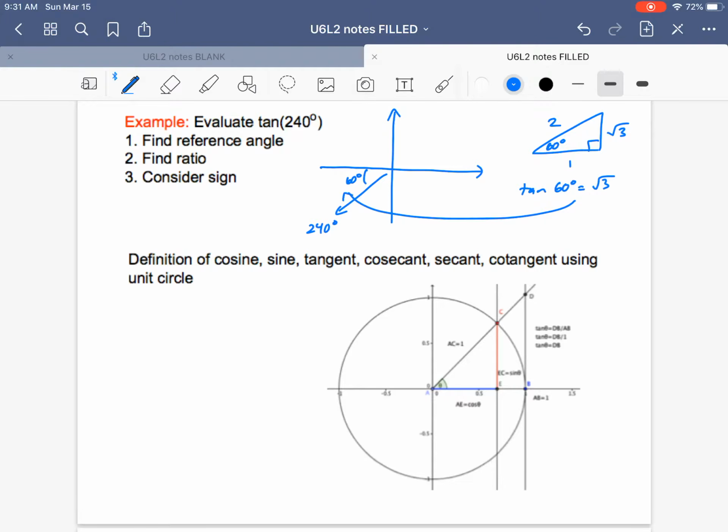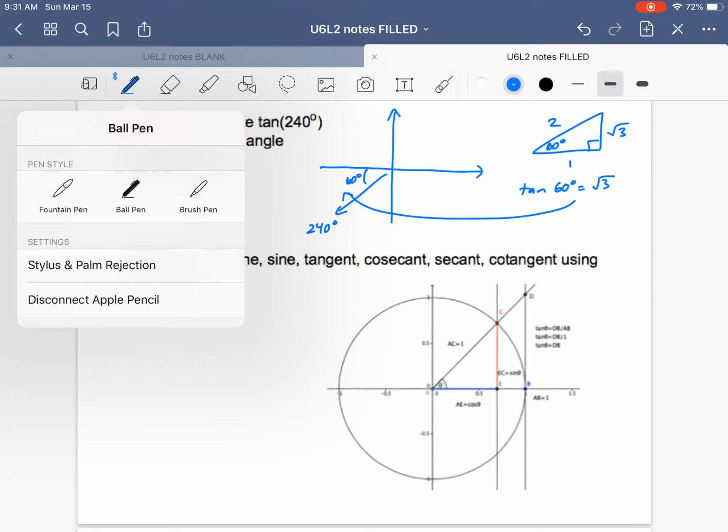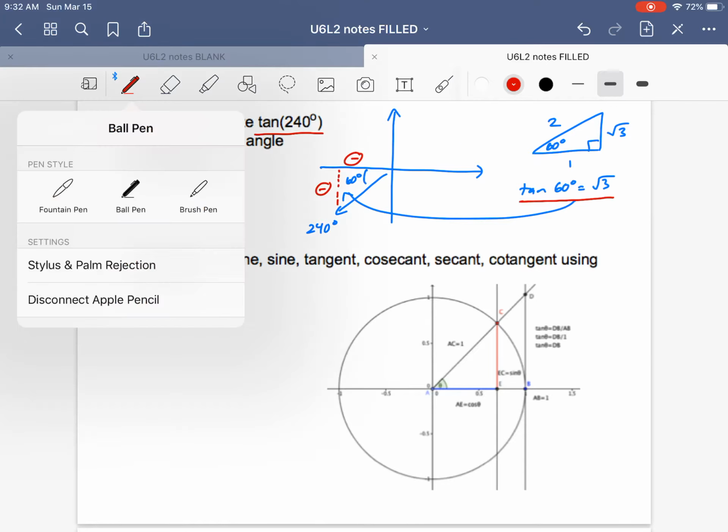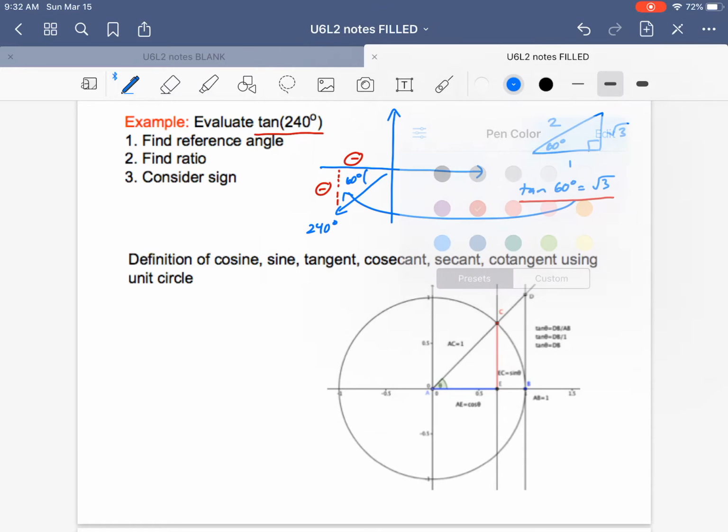Since we're in quadrant 3, that really means that the x coordinate is negative, the y coordinate here is negative, so the tangent will be positive. So the answer to tan 60 equals root 3 is the same as the answer to the tangent of 240. All right, so we could say, in this case, that the tangent of 240 degrees is equal to root 3.